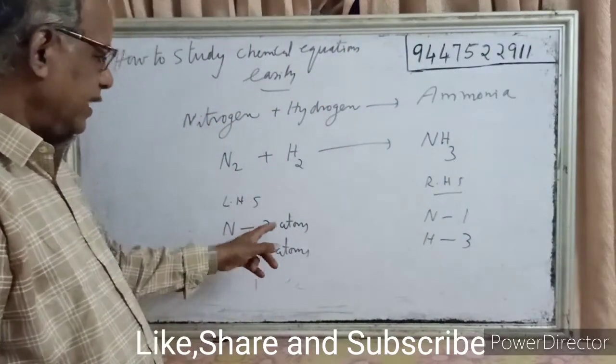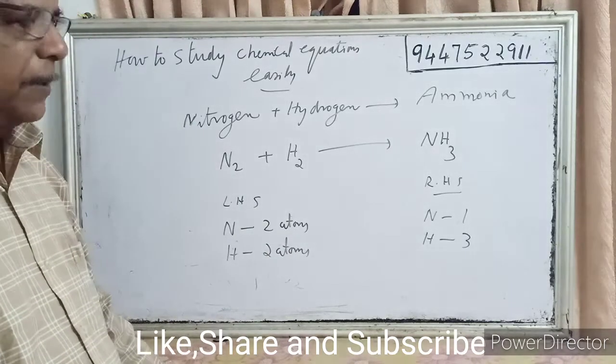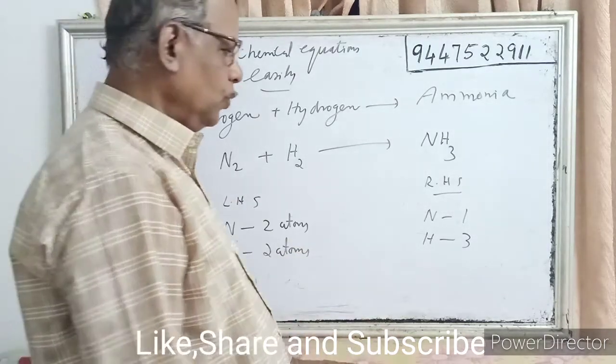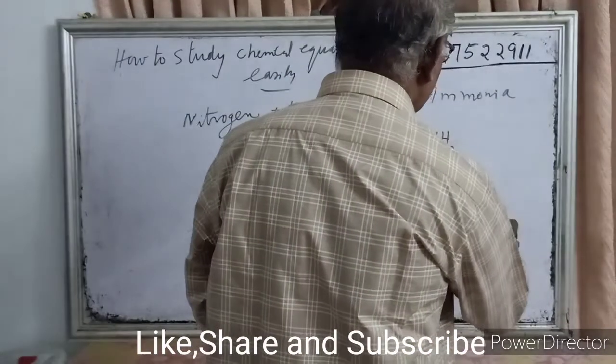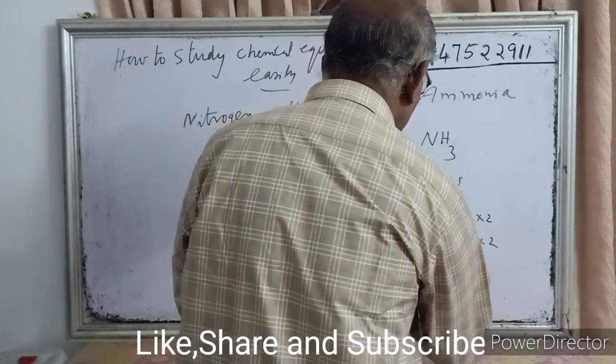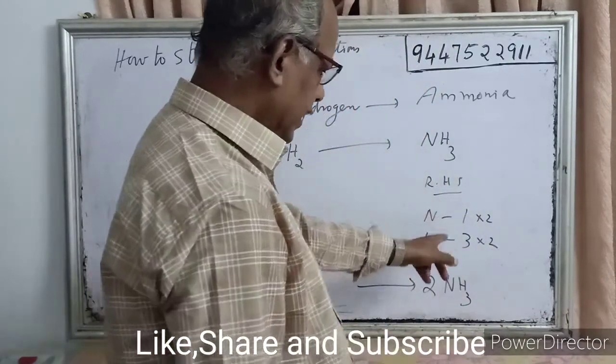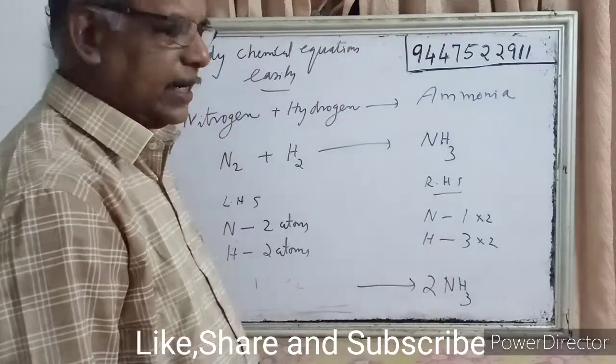Since the nitrogen contains 2 atoms on the left, we also require 2 atoms here. So you have to multiply the right hand side with 2. So this can be written as 2NH3: 2 nitrogen atoms and 6 hydrogen atoms.